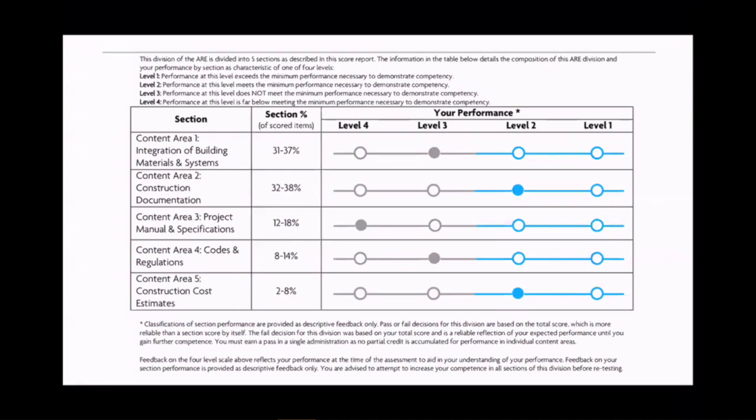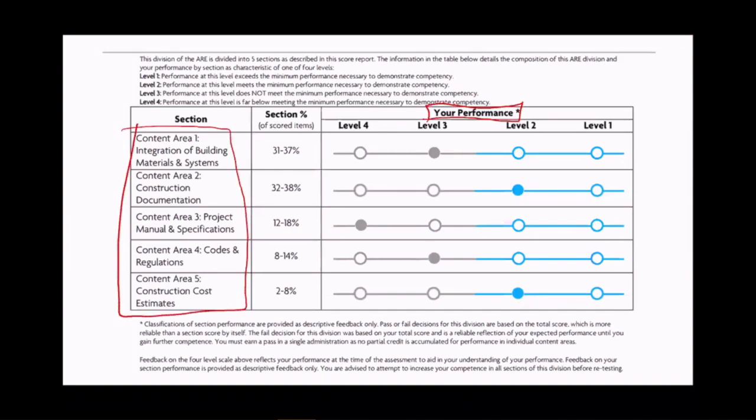Now some of you guys have failed an exam division before and you got a fail report and it looks something like this. This particular one happens to be for PDD, I think. What it has is your performance for these different content areas, 1, 2, 3, 4, and 5.